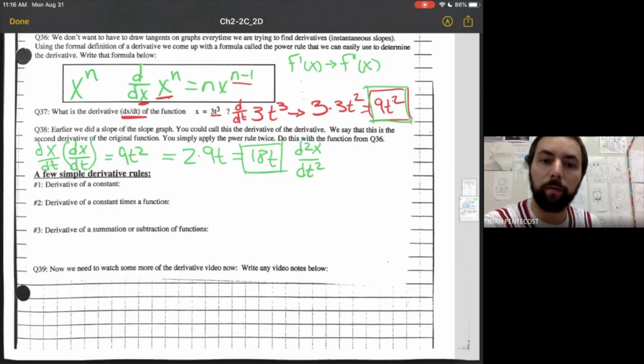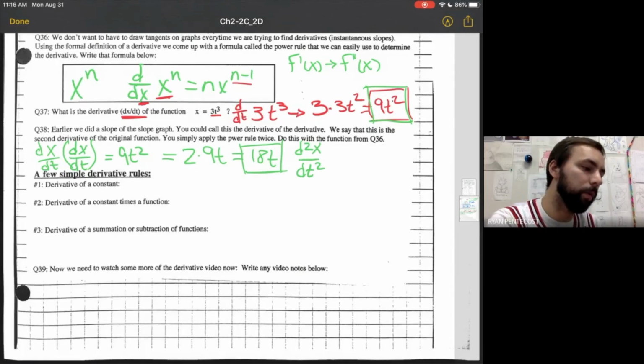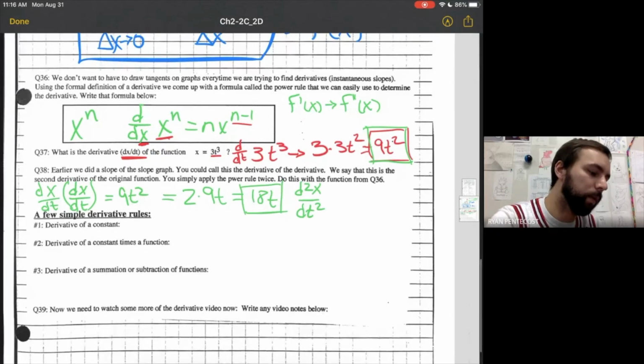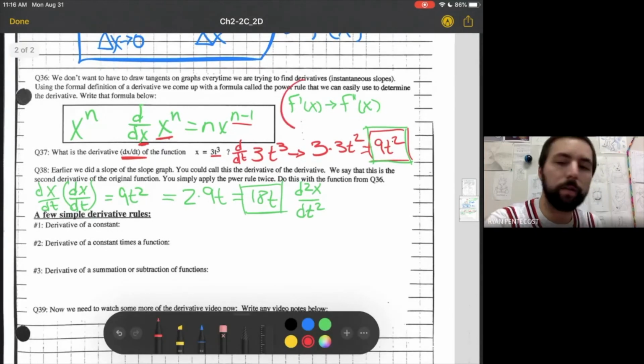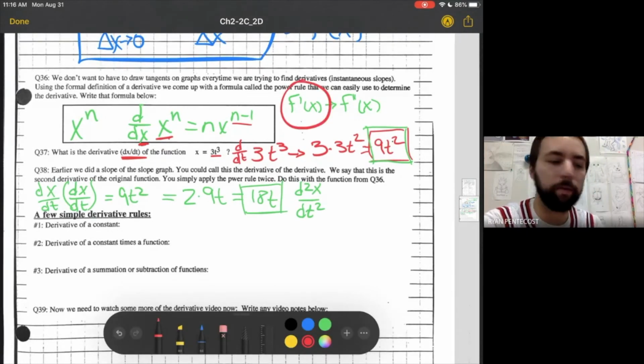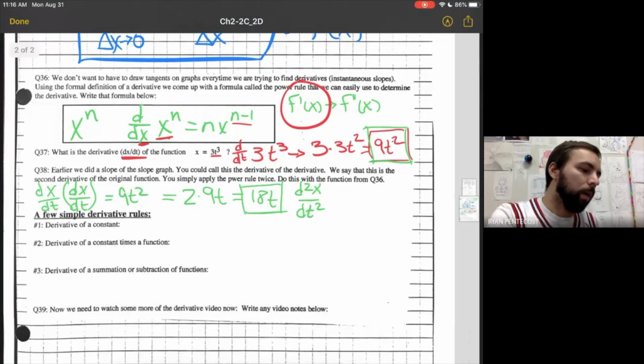Take the derivative of the function x with respect to the variable t. This up here, this does not tell you that. This just says take the derivative of the function, which is not helpful because sometimes there are more than one variable in the function. So we need to know what are we taking the derivative of.